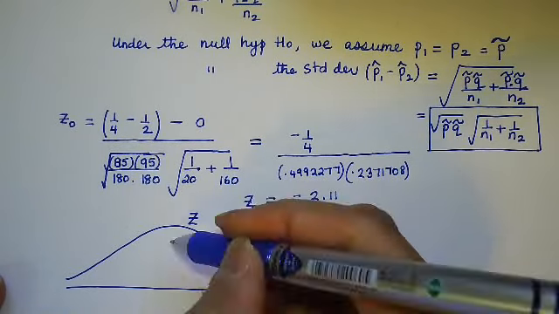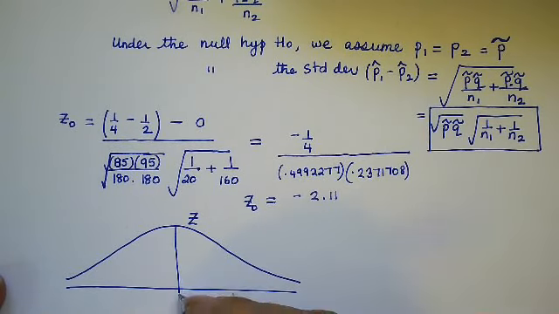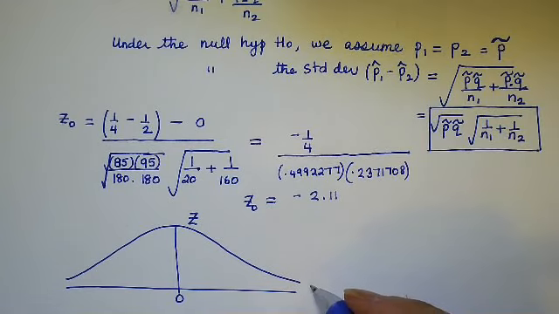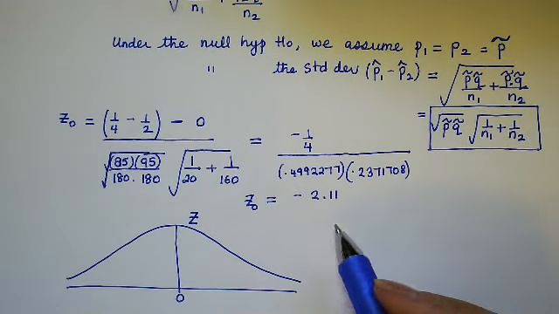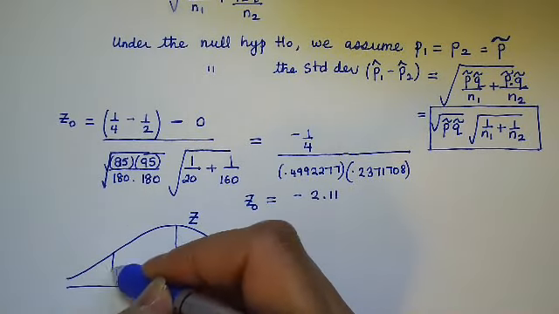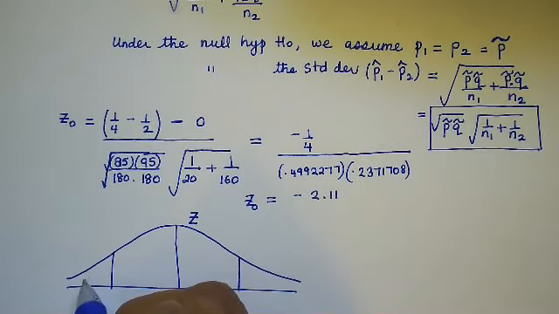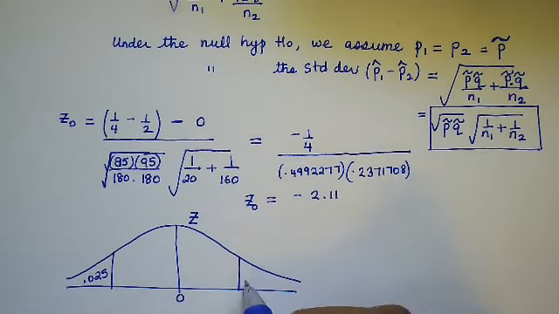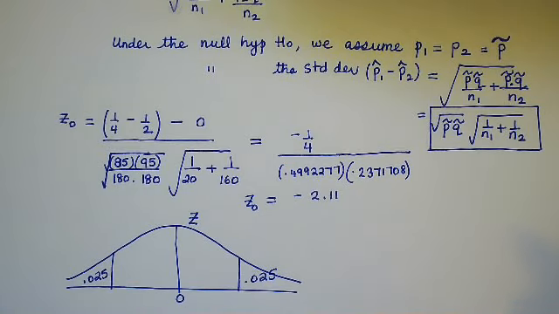That's my test statistic, Z0. Next, I draw my Z distribution. This has 2 rejection regions. This is a 2-sided test with alpha equals 0.05. So 0.025 here and 0.025 here.